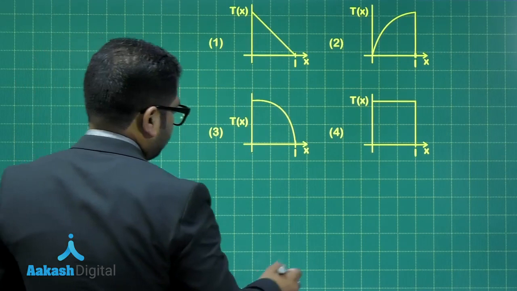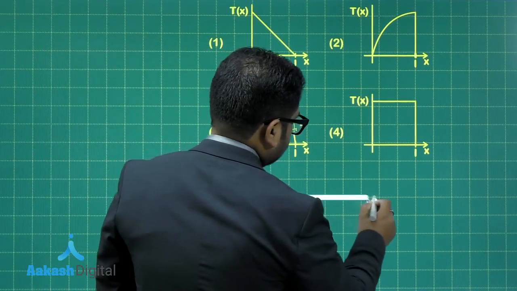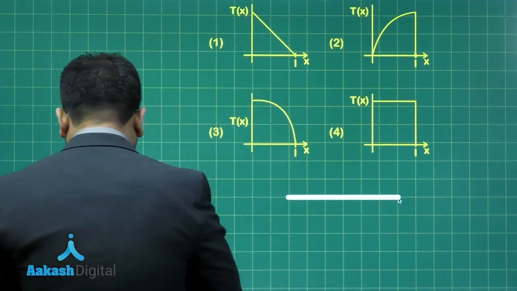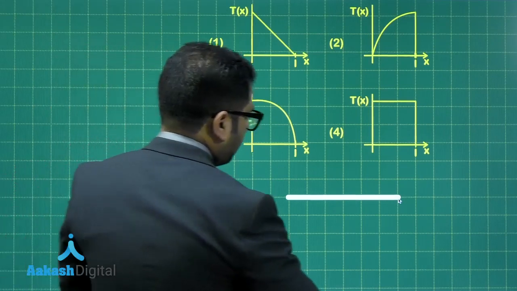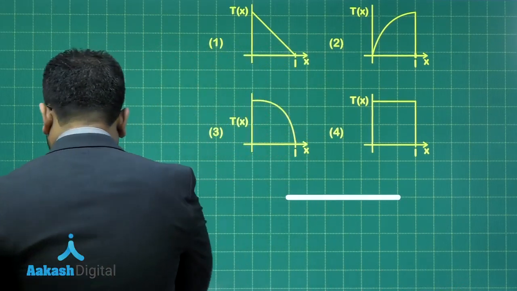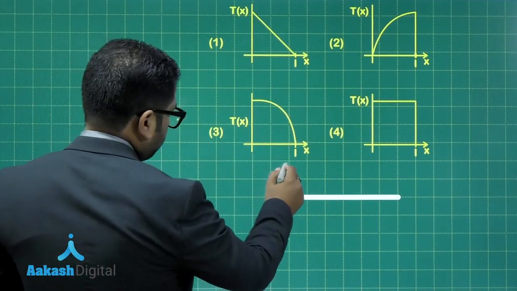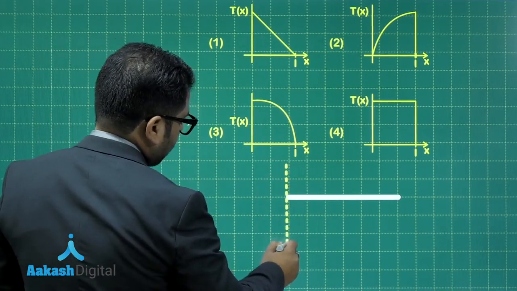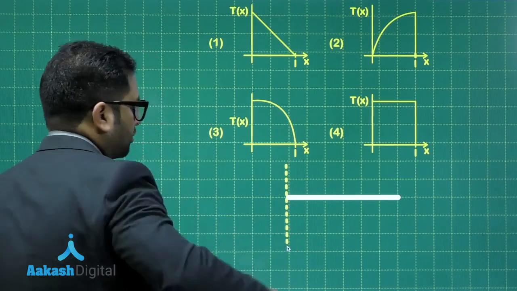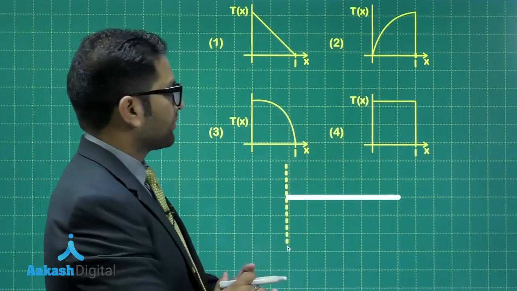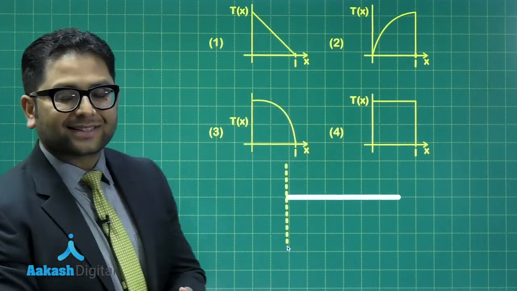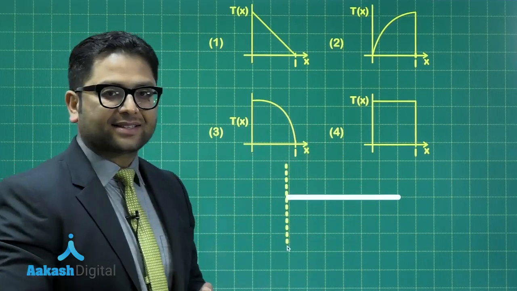Let's take the help of a figure here, and it's something like this. This is the rod, and let's say that the rod is revolving around this given axis. Yes, so this is the axis around which the rod is revolving. And I need to calculate the tension at a distance x.